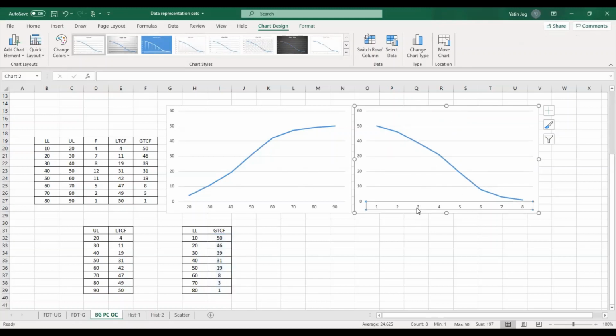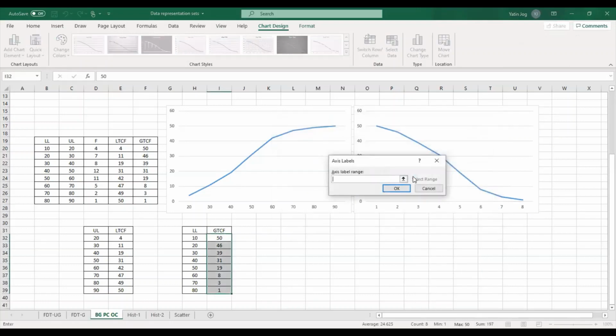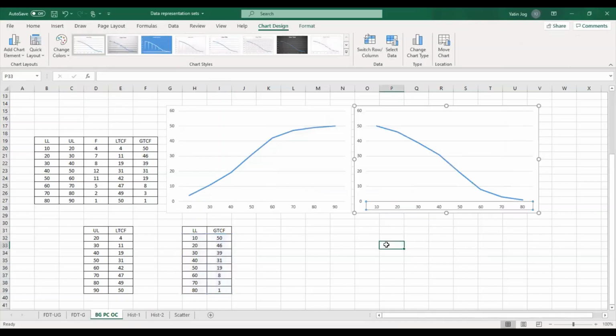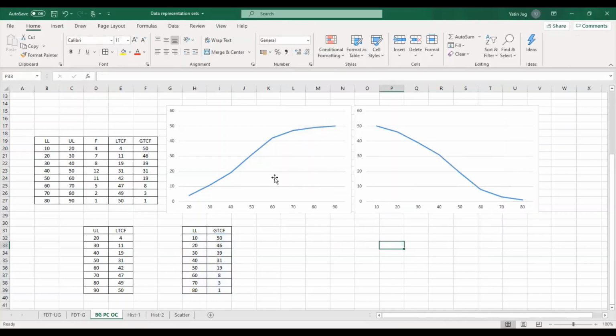And now in this case, I have to change my x-axis, select the x-axis, select data, and click on edit, and select all the values of lower limits of the class intervals and click on OK. So this is my less than type of cumulative frequency, and this is my greater than type of cumulative frequency. Less than type of Ogive curve and greater than type of Ogive curve. So this is how you can draw the Ogive curve in Excel.